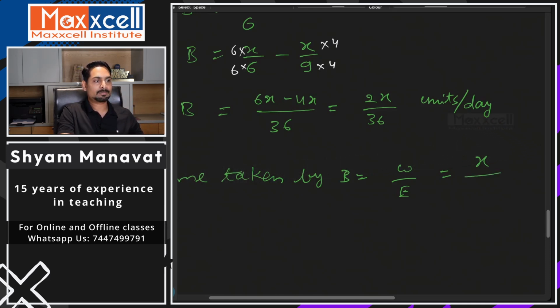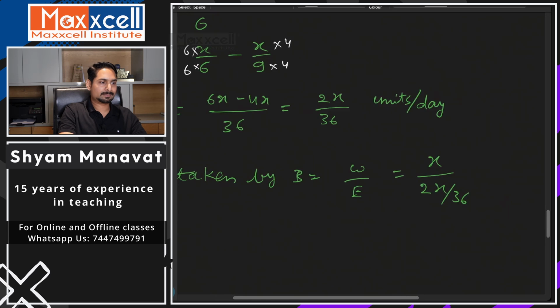What is the efficiency of B? That is 2x by 36. Yes, the denominator will go into the numerator. Correct. Simplify. So you get 36x by 2x.